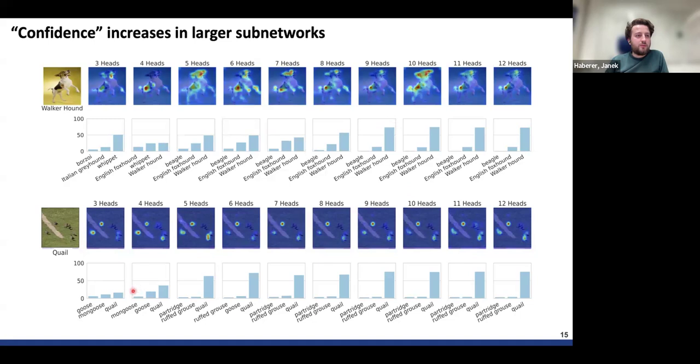And then as we increase the amount of heads, this confidence essentially increases. And then also here at the bottom, while the 3-head configuration is already correct, it is not very confident. And then, at 6 heads, we reach nearly the plateau. And after that, it doesn't increase much anymore. The attention maps themselves are a bit difficult to interpret, I would say.